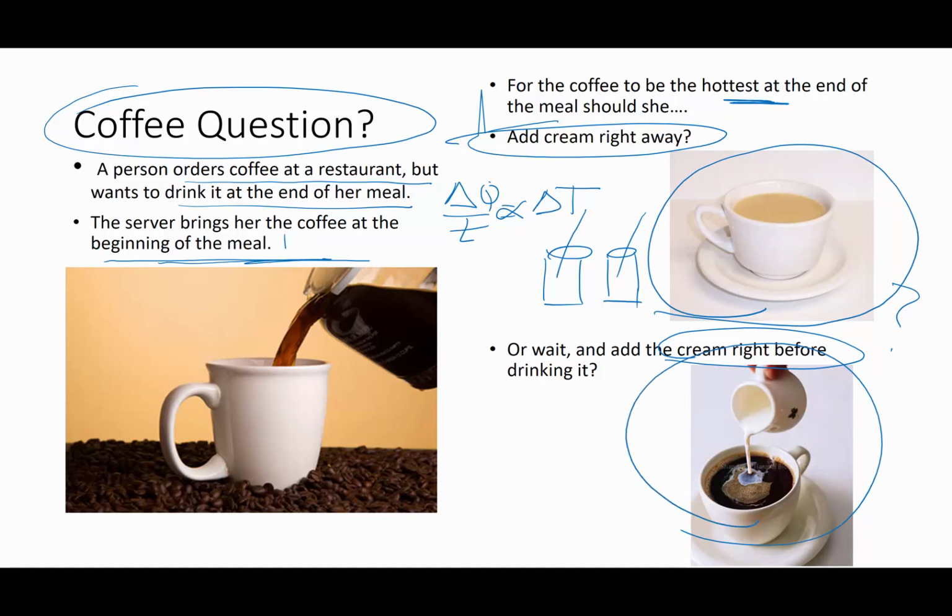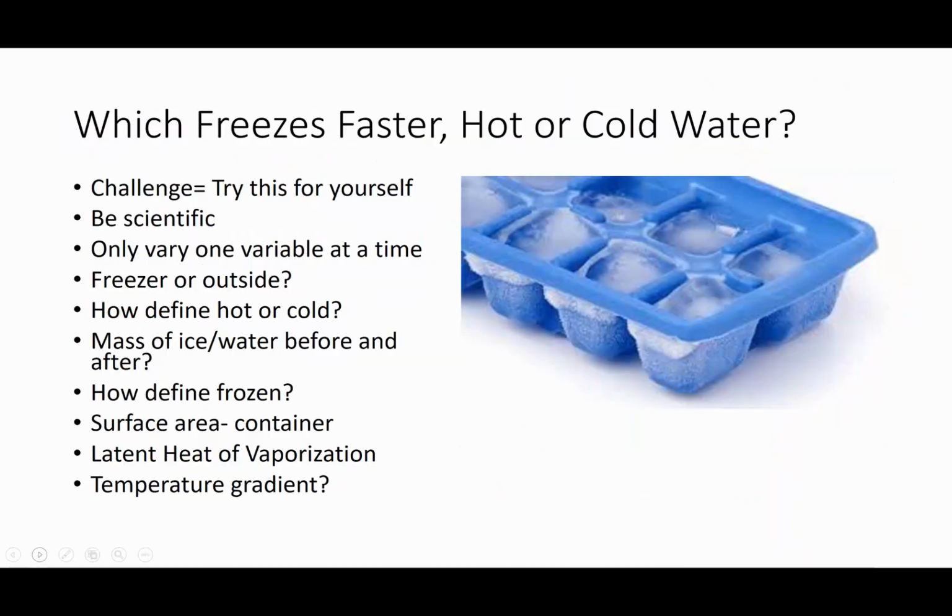The reason is, if you make the change in temperature smaller, the rate of heat flow goes down. If you keep the change in temperature large, let this hot black cup of coffee stay really, really hot, the rate of heat flow gets nutty crazy fast, and it will actually be colder out the other end.